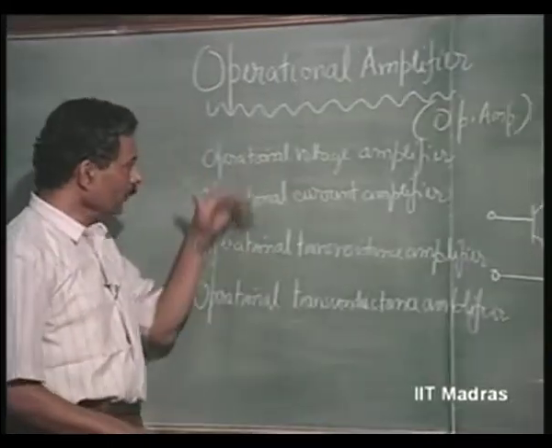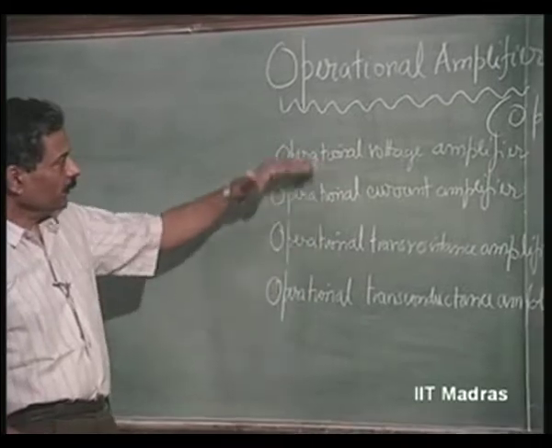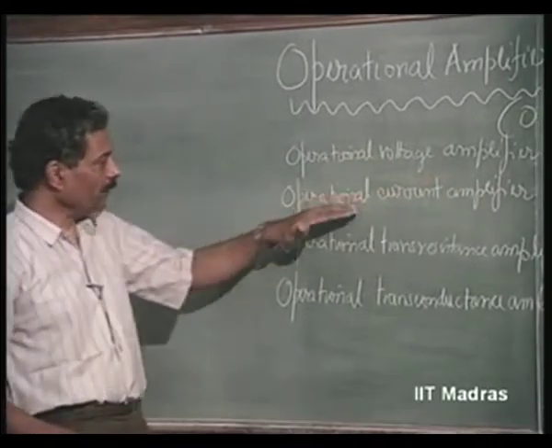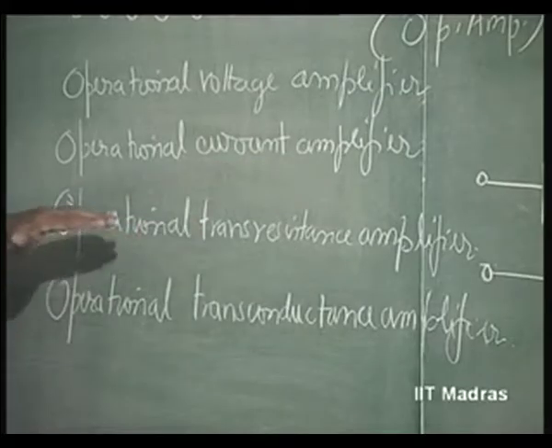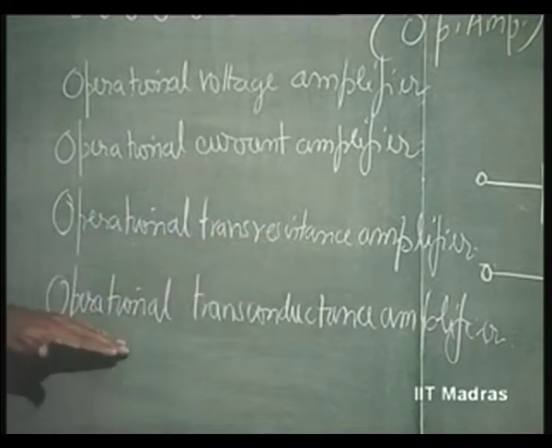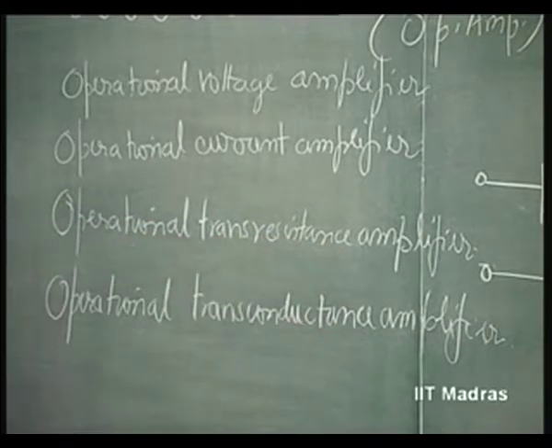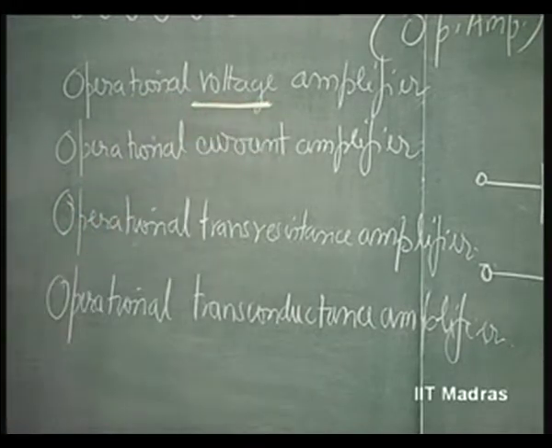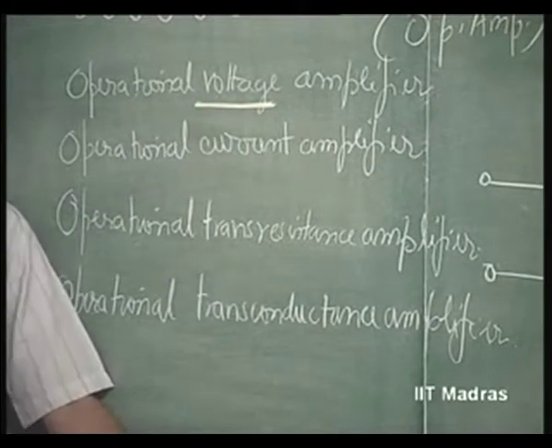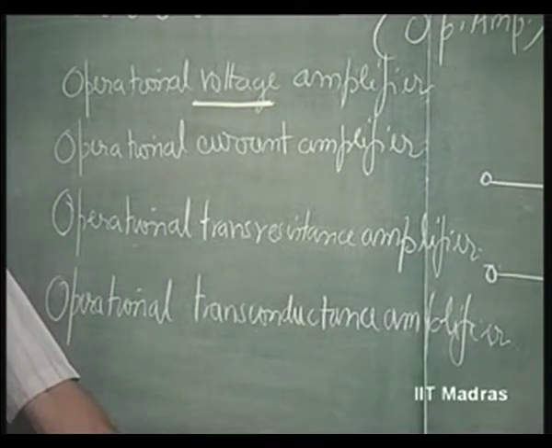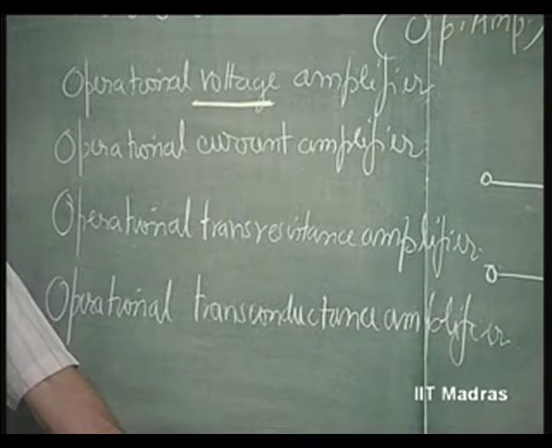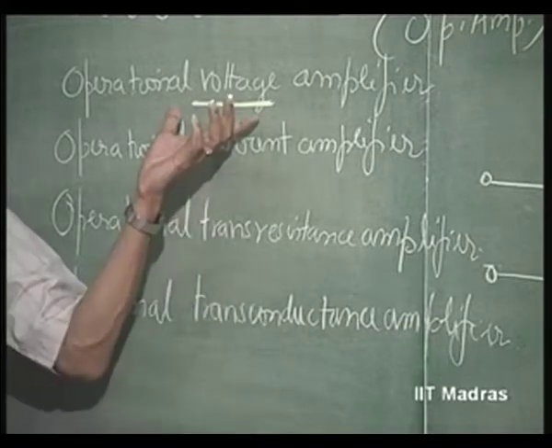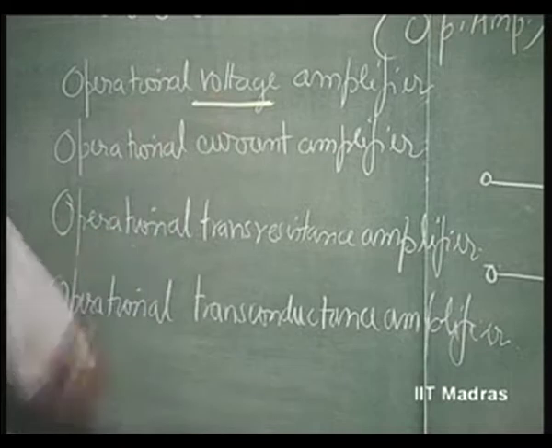There are therefore 4 types possible, obviously: operational voltage amplifier, operational current amplifier, operational transresistance amplifier, operational transconductance amplifier. Historically, this is the one which has come into existence as a popular amplifier. Okay. So, we will confine our discussion for the next few classes on the operational voltage amplifier.